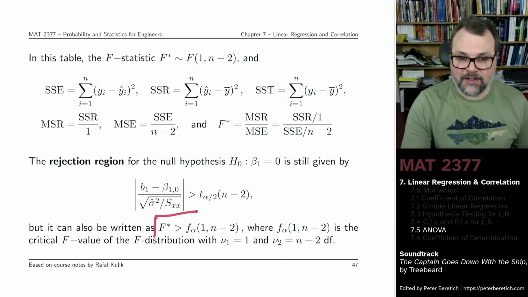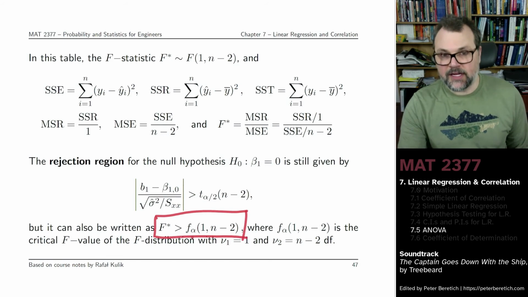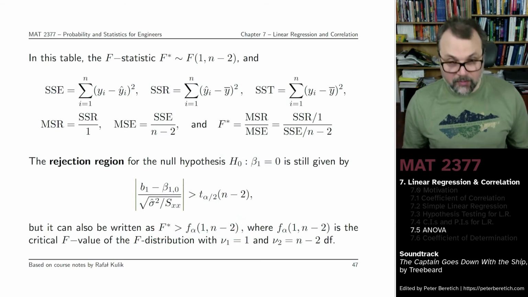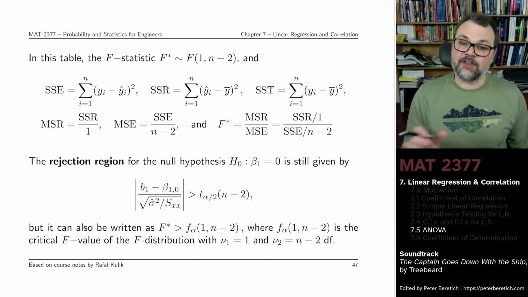Is the F statistic greater than the critical value at confidence level alpha of the F distribution with 1 and n-2 degrees of freedom? And this is a value you obtain from your tables. These two things are equivalent.